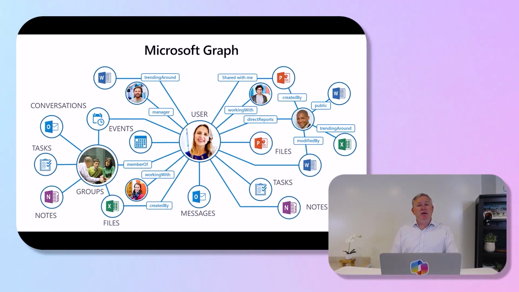Here is a beautiful graphic, and this is Megan in the middle. Megan is our user of the day. And let's use this to discuss Microsoft Graph just a little bit more and talk to you about how that secret sauce actually works. Megan is an employee. Megan reports to a manager. Megan also has a team that report to her.